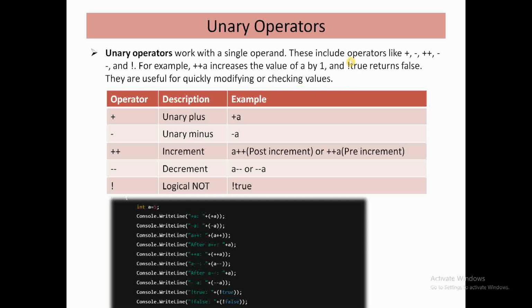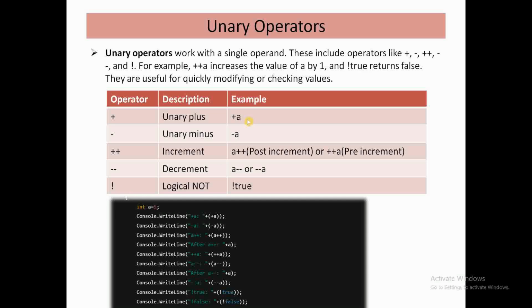Unary operators work on only a single operand. We can increment the value, we can decrement the value, we can use post increment, pre increment, post decrement, pre decrement. Here we have operators like plus, minus, plus plus, minus minus, and logical not.